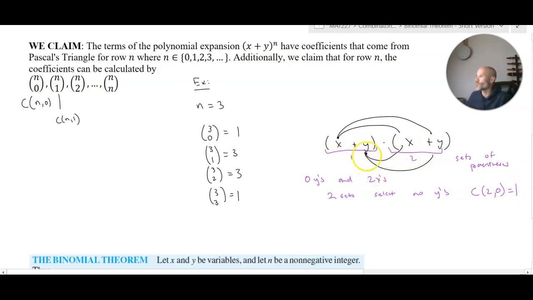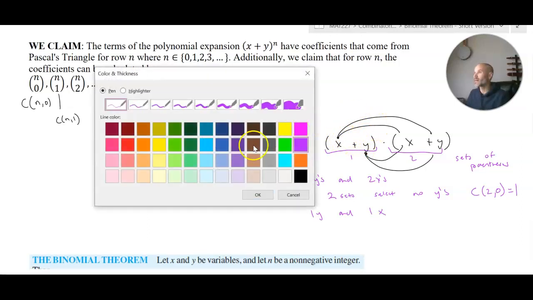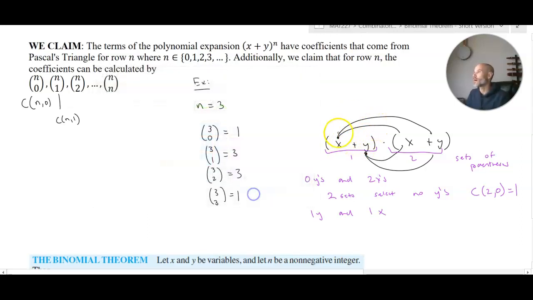Now the next term will be select 1 y and 1 x. Well, again, the order doesn't matter. I could select the x here and then the y here, or the y here and then the x here. X times y is the same thing as y times x, so the order doesn't make a difference. And same thing here. I can select an x from the first parenthesis and then pair that with this y here.